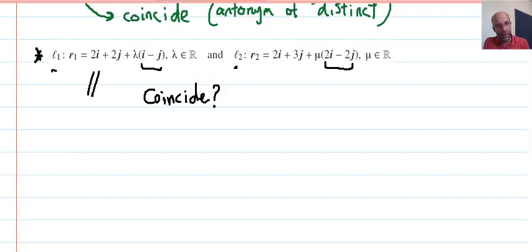Or are they distinct? One way of looking at that is getting the position vector from one of the two given lines, like I've just highlighted there, and ask yourself, does this exist on L1?